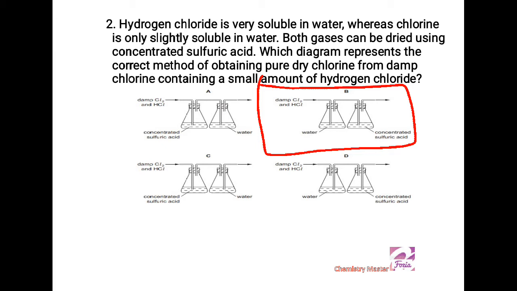Then it is passed to concentrated H2SO4, and this is the phase where absorption of water is going on. And the upper delivery tube is just passing out the purified and separated dry gas.